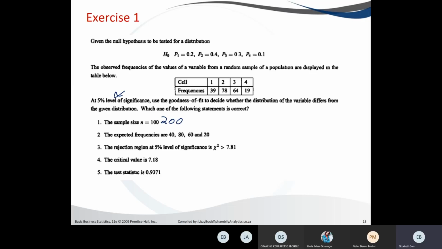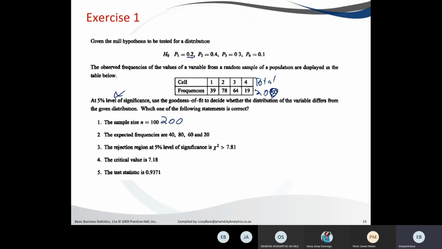What is the expected value? Your expected value, remember, is your probability times your n. So if our total was 200, we use 200 to calculate the expected value. We'll say 0.2 multiplied by 200. It should give us the expected value for 1. And what is the expected value for 1? 200 multiplied by 0.2 will give us 40.